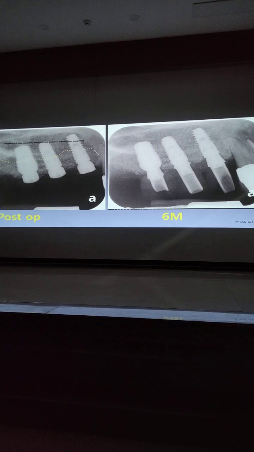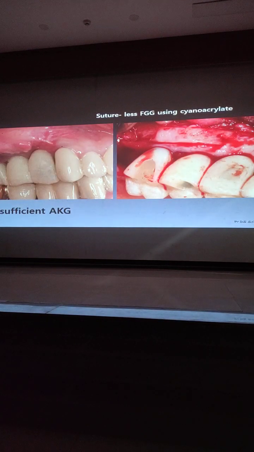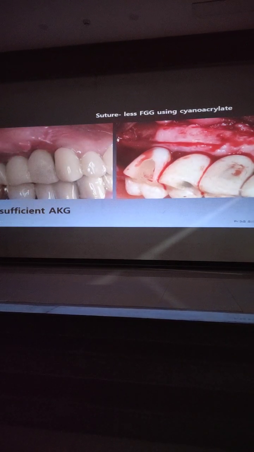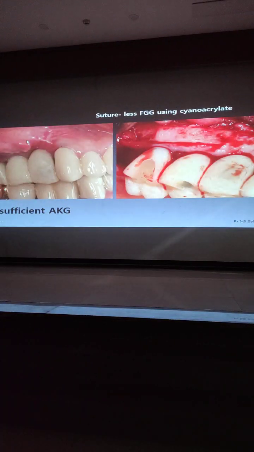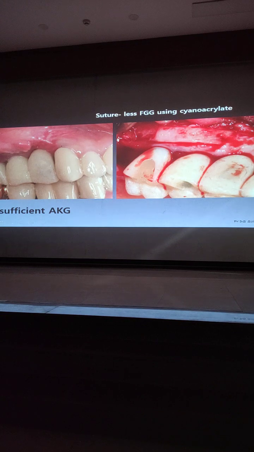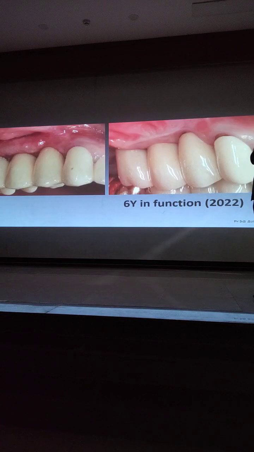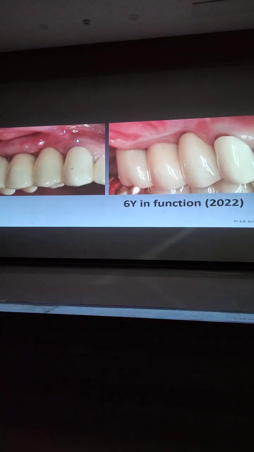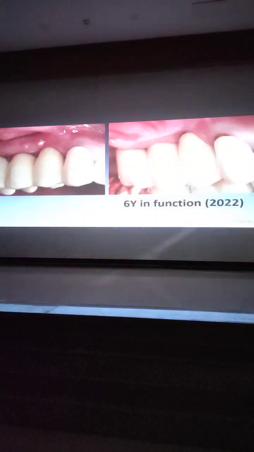The temporary restoration was relieved, but there was no attached gingiva around the implants, so I did sutures after this using cyanoacrylate. This is 10 days later. This is 6 years in function.